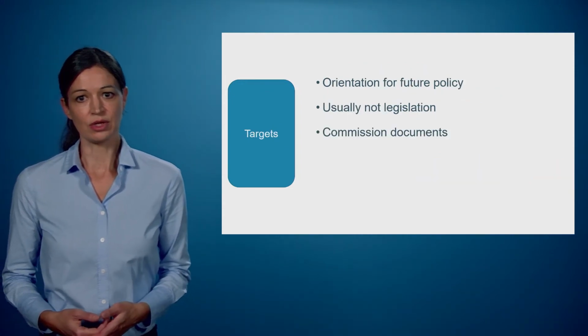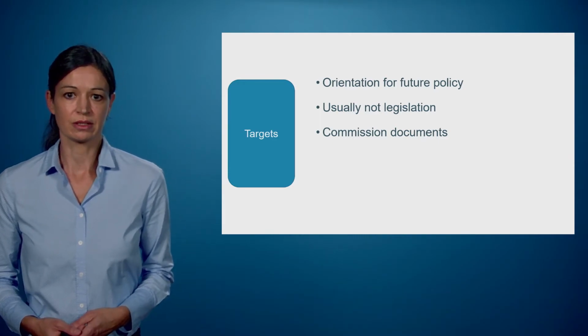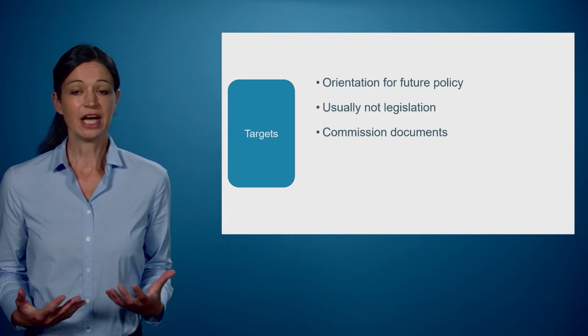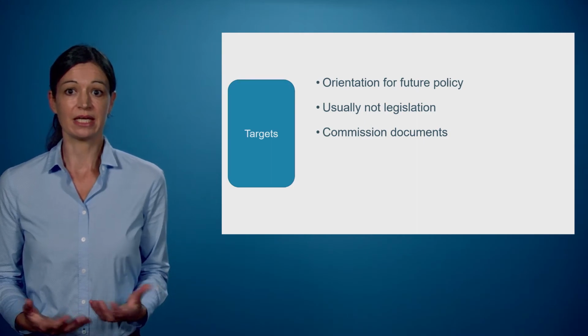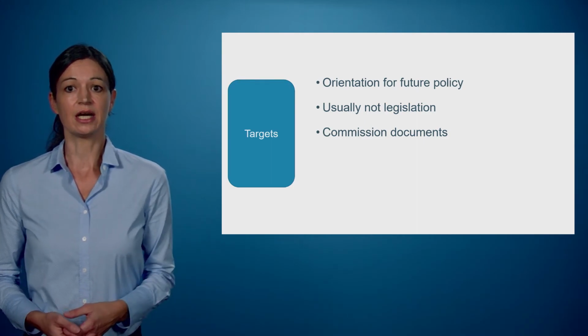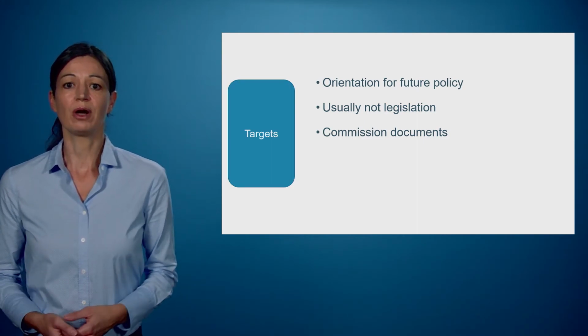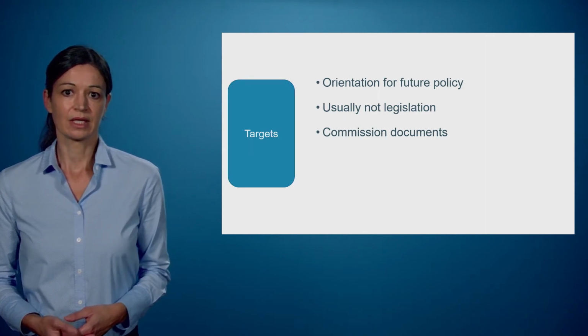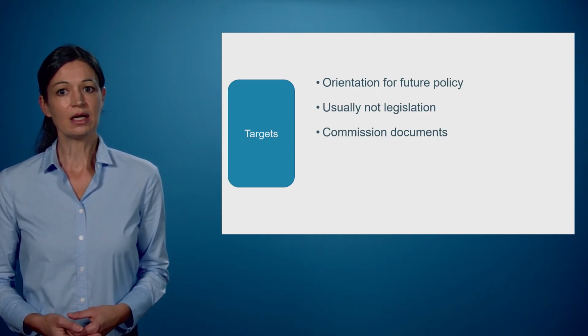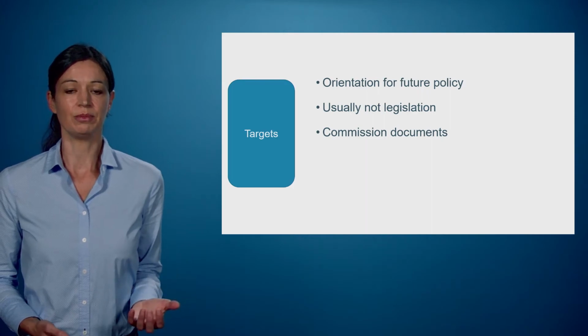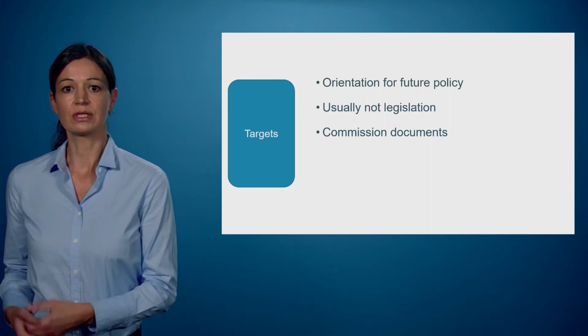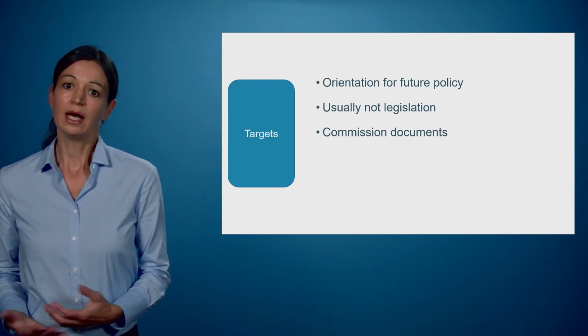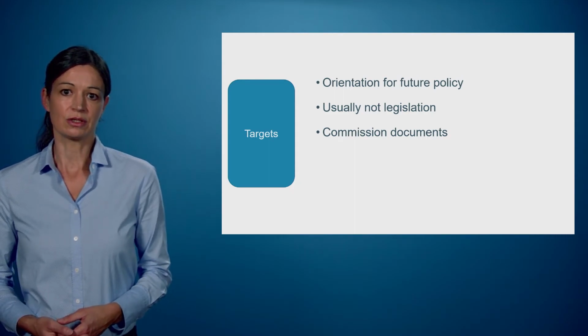Targets can also serve the function of a policy instrument. They provide orientation for private and public actors and for society at large about the future policy directions. In the EU, targets are generally set by the European Commission and sometimes endorsed by the European Council and maybe even other EU institutions.